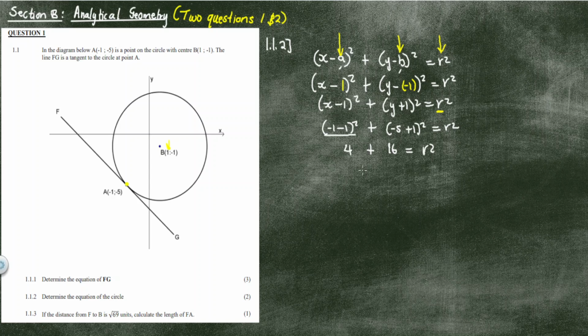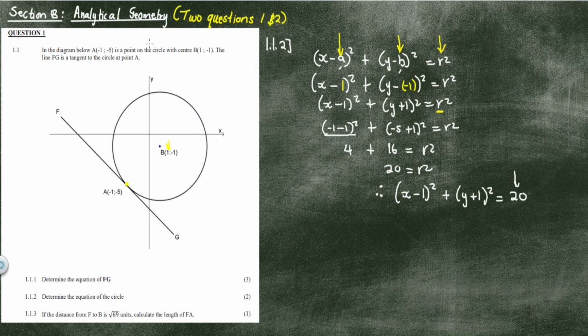So you answer 20. So 20 is equal to r squared. Therefore, the final answer is x minus 1 squared plus y plus 1 squared equal to 20.